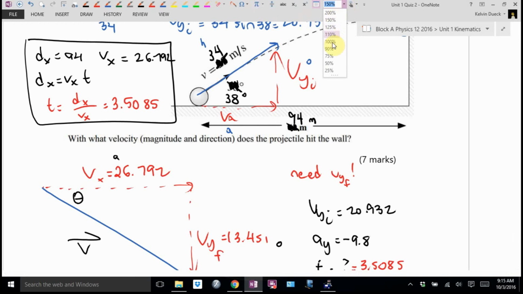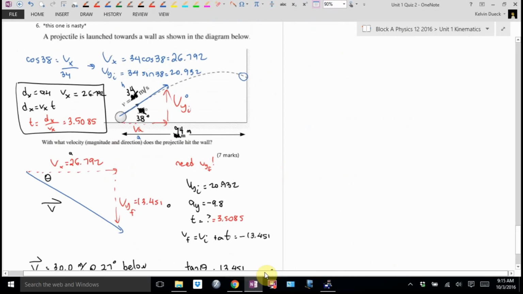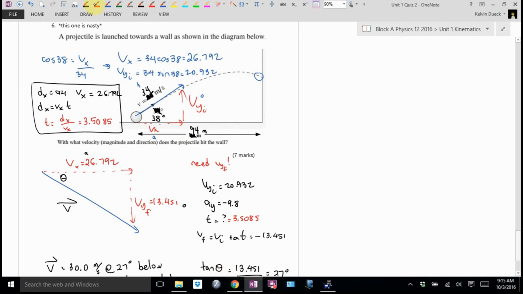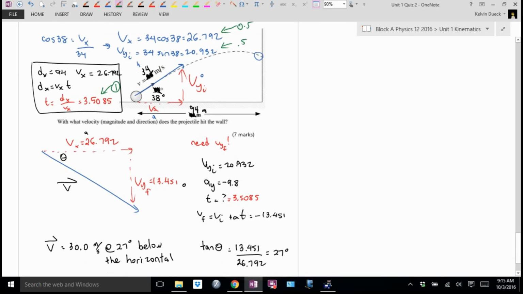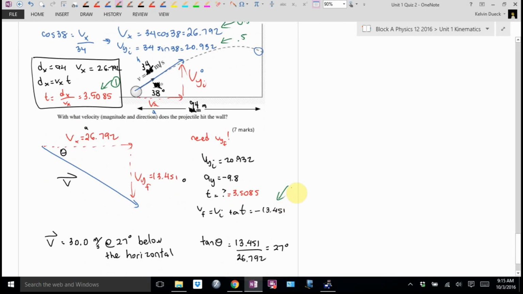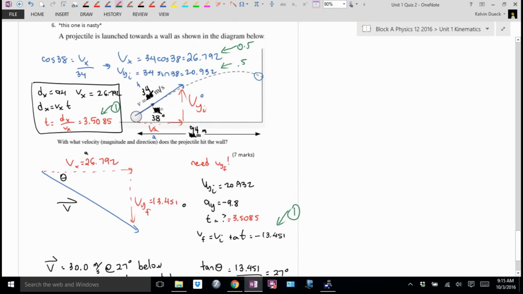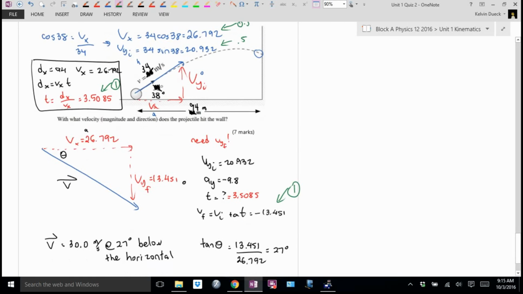I need to shrink this down a little bit so I can see the whole thing. I would probably give you half mark for that, half mark for that, for finding the components. I would definitely give you 1 whole mark for finding time. I would definitely give you 1 whole mark for finding V final. What am I at right now? 1, 2, 3 marks.